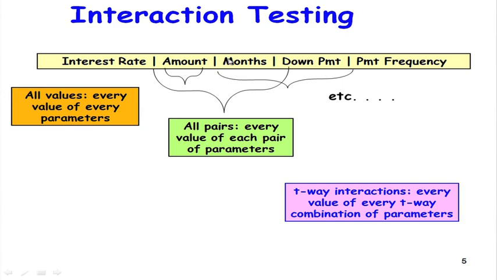So, let us consider this example: the interest rate, the amount, the months, and then down payment and payment frequency. Down payment is how much you pay at a time, and what is the payment frequency.